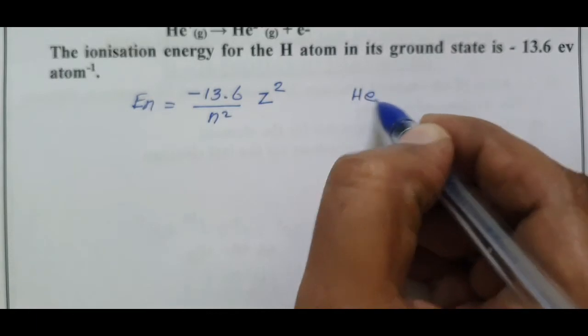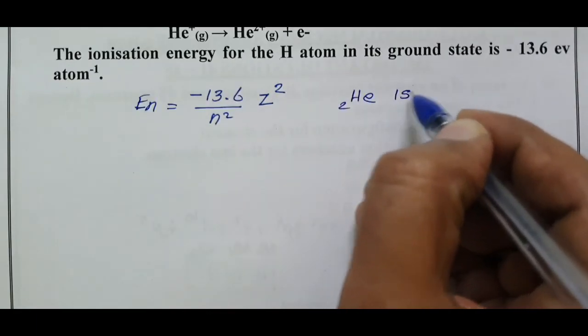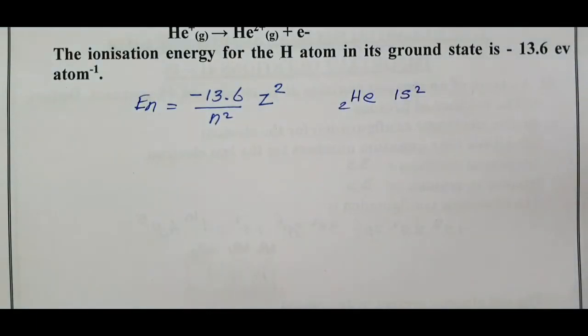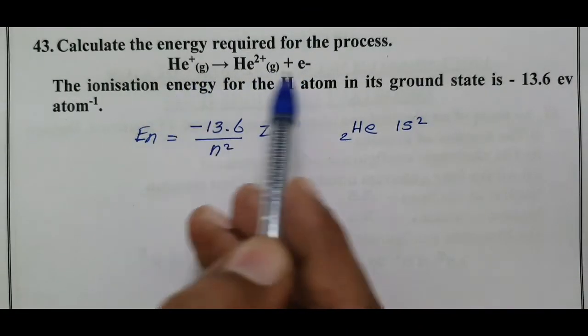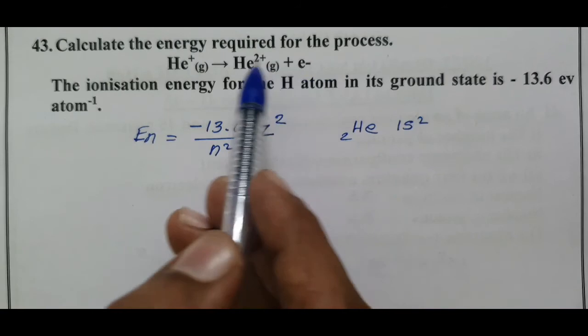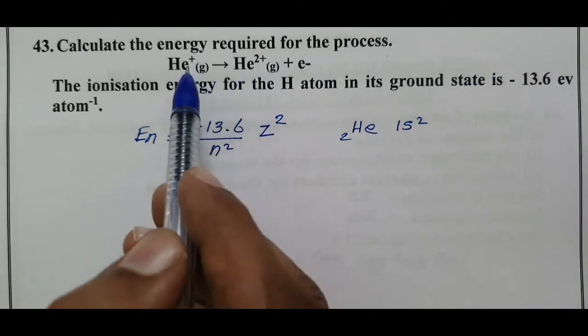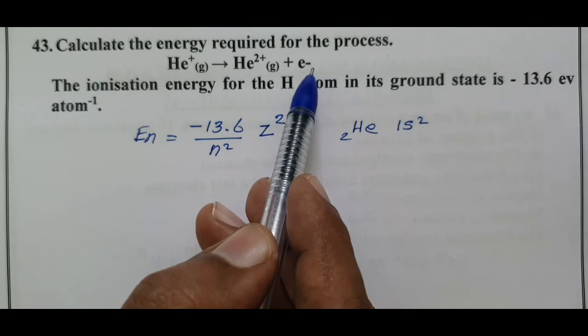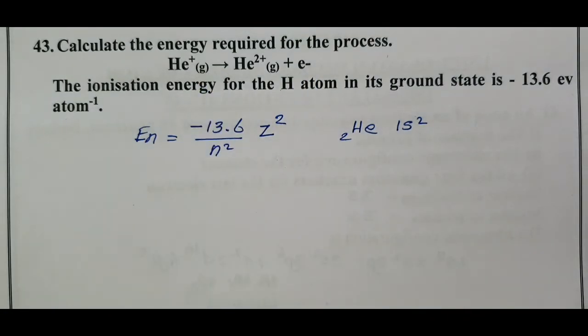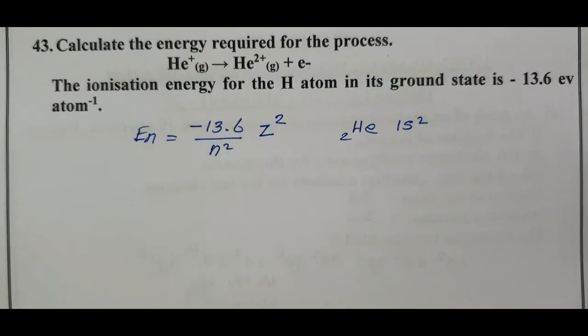Helium atomic number 2, electronic configuration 1s2. What is this process? This process is nothing but ionization energy. The amount of energy required to remove the most loosely bound electron from a gaseous monoatomic ion is called second ionization energy.